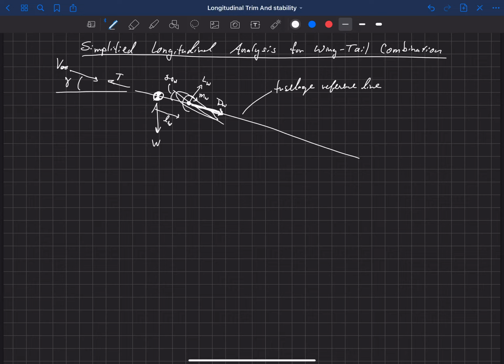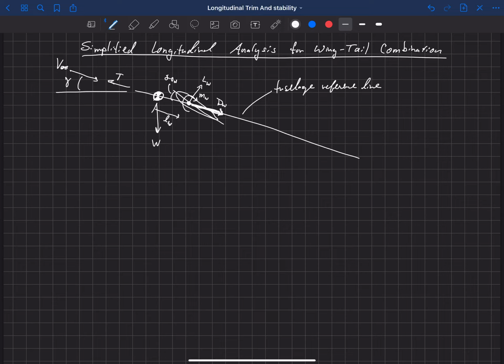Now, remember, we're using little m not to mean moment, although you can think of it that way, but little m actually means pitching moment. Remember our alphabetic triad, LMN, little l meaning roll, little m meaning pitch, and little n meaning yaw. Well, little m here means pitching moment.